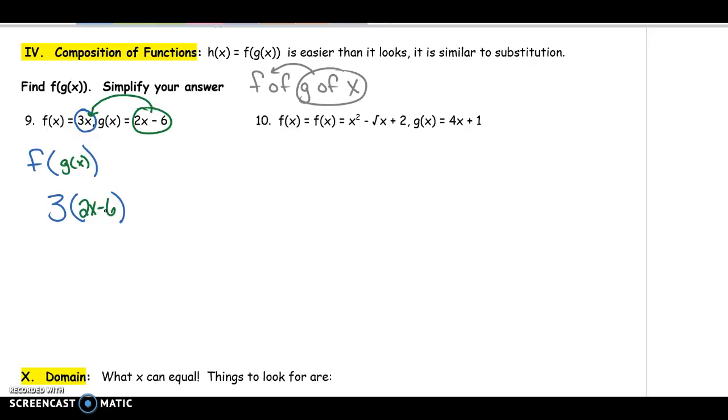We are taking the entire g function and putting it into the x of the f function. Now we just need to simplify. How would we simplify this function? Distribute. 3 times 2x is 6x, and 3 times 6 is 18. f of g of x is 6x minus 18.